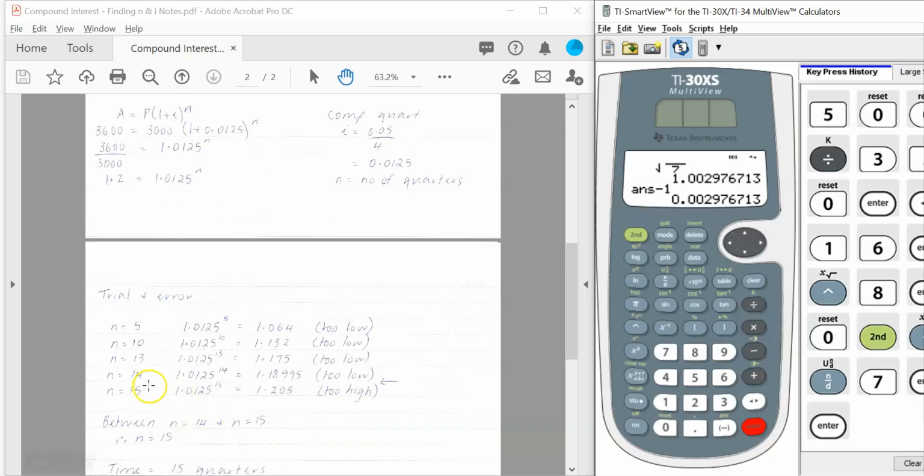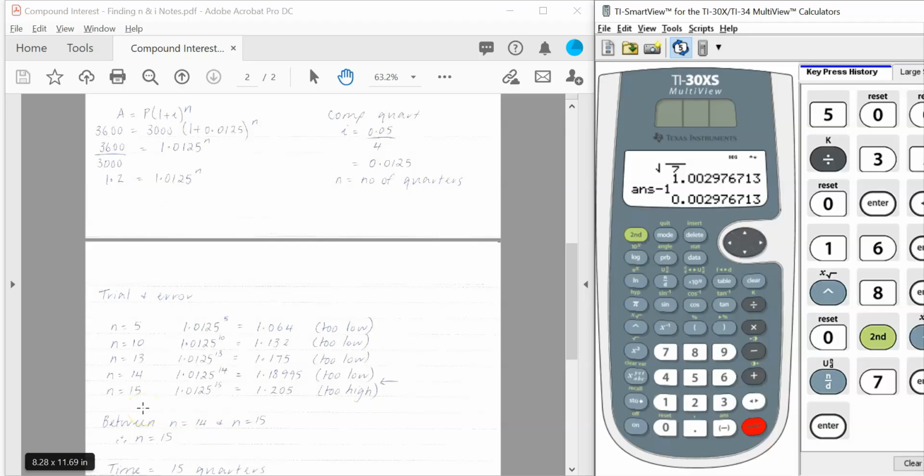Now, that means we need to choose between n equals 14 and n equals 15. And this question said that it wanted our loan balance to exceed the value. That means it wants it to go over the value. If I look at n equals 14, I can see that it's still under what it needs to be. So if I'm looking for the point in time where it has exceeded a certain value, then that's going to be at n equals 15.